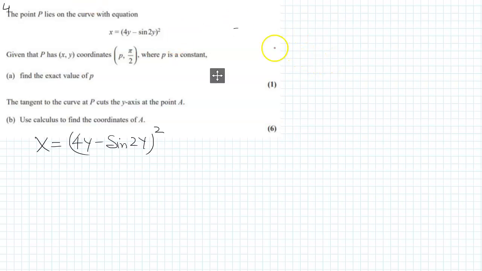Let's assume this is a curve and P is a point on it, and the coordinates of P are (p, π/2). Find the exact value of p. So we replace x by p and y by π/2.